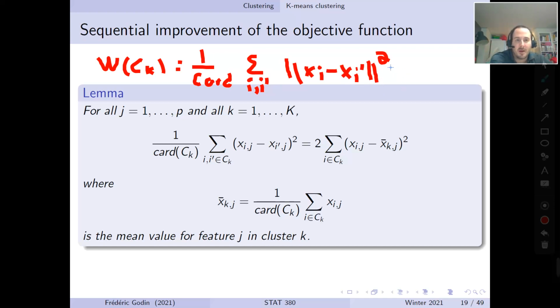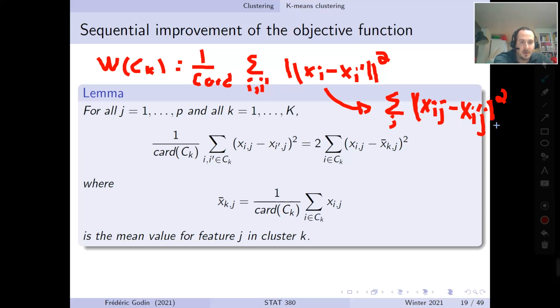What happens here is this is simply the summation across all predictors j of (xij minus xi'j) squared.